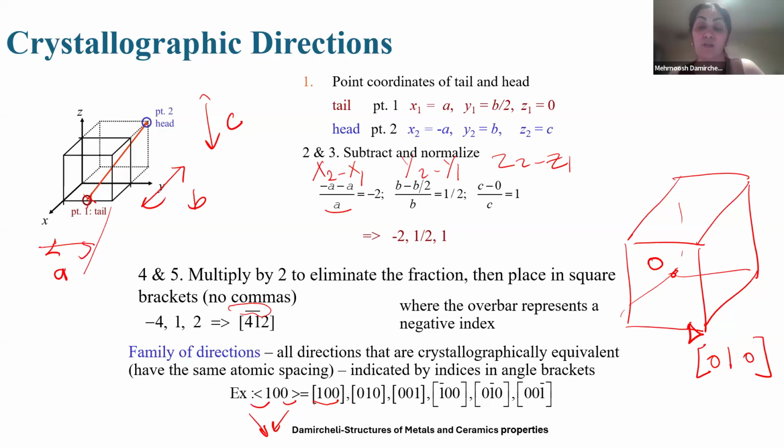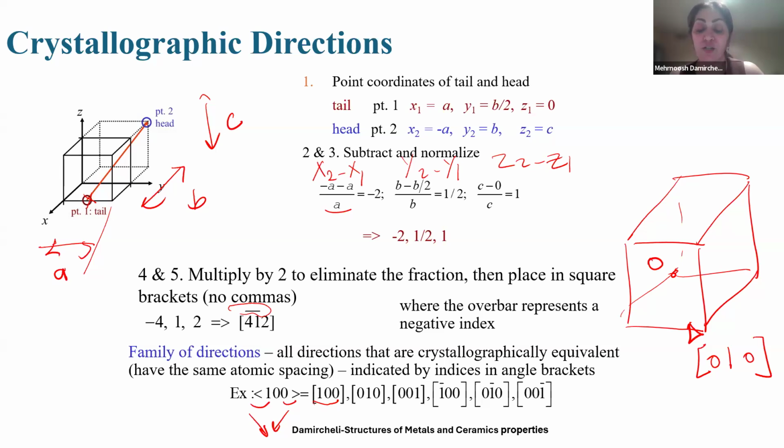Why are they important for us? Why should we know about directions and the family of them? Many properties of materials are anisotropic, which means they depend on direction. Mechanical strength, deformation, and even diffusion in metals all vary depending on which crystallographic direction we are looking at.